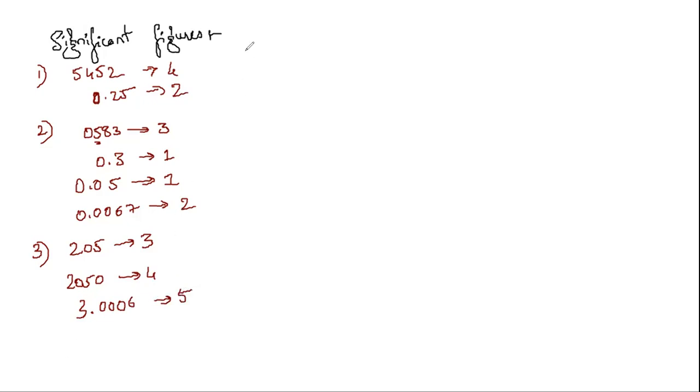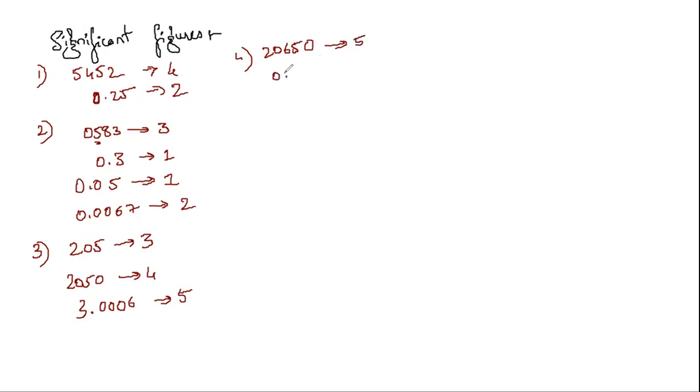Moving to the next rule. Zeros at the end or right of a number are significant, as I discussed, provided they are on the right side. For example, 20650. How many significant figures? The 0 between two non-zeros is significant. At the right side is also significant. So 1, 2, 3, 4, 5. 5 significant figures.